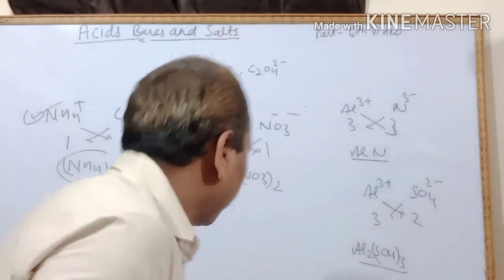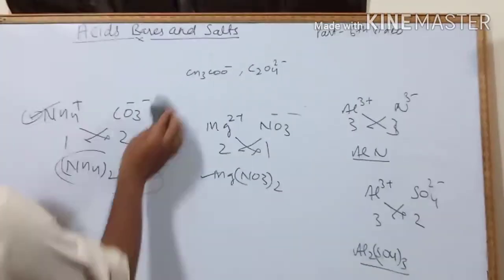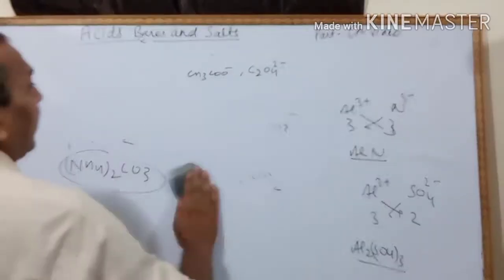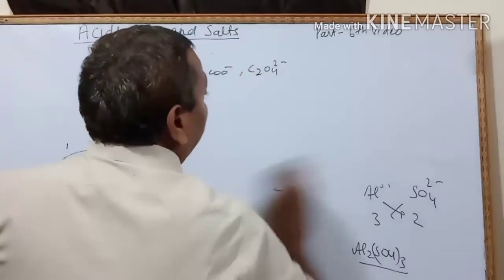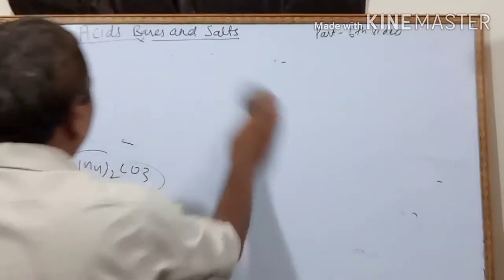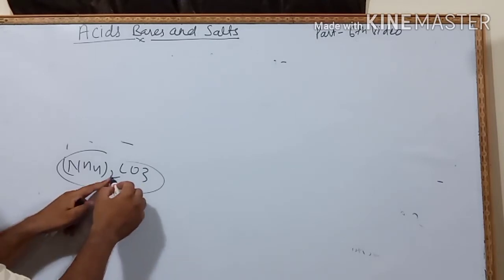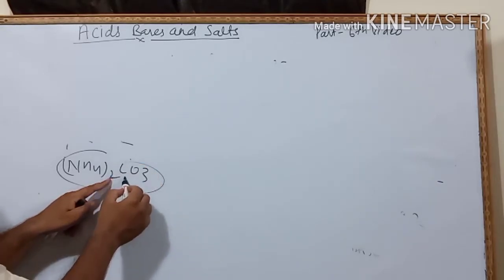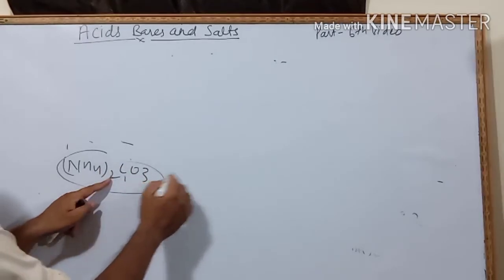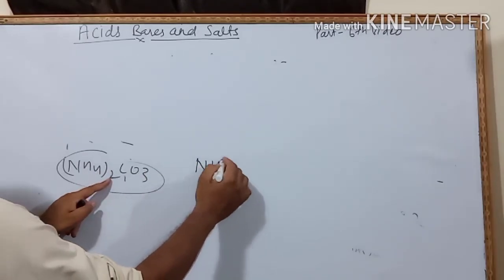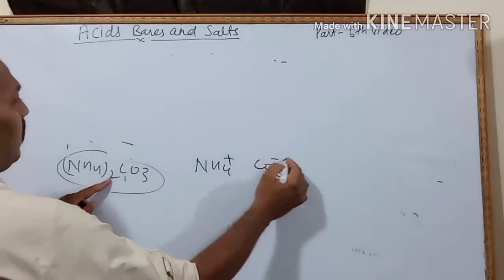Simple. Suppose a salt is given and you have to determine the ions. How would you determine them? See, this is the crisscross method. This 2 value is for this; the other is 1, the ammonium ion. So you can use this technique: NH4 plus and carbonate negative.